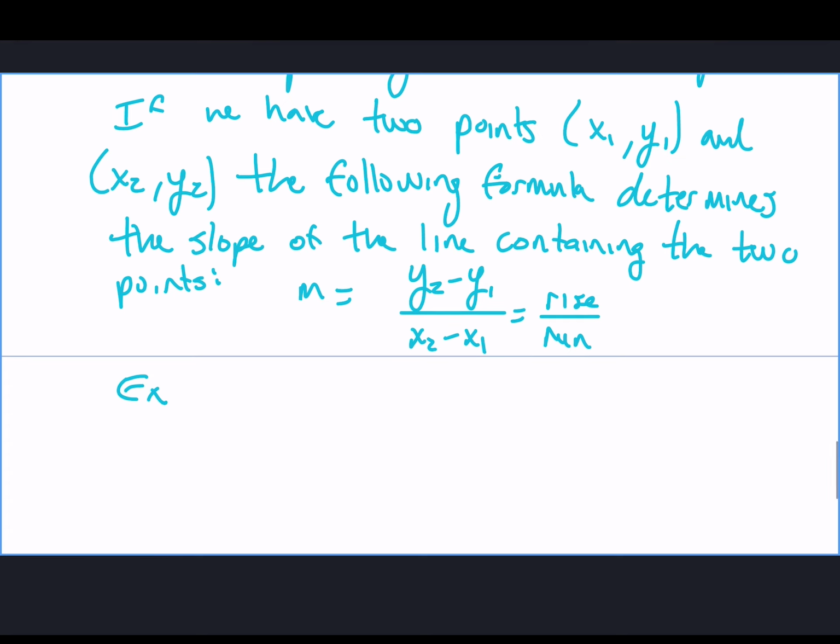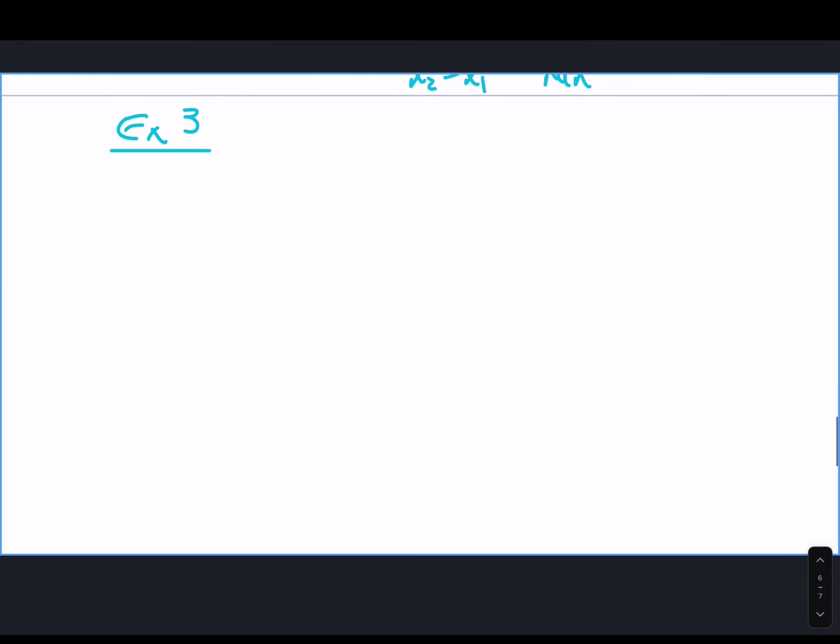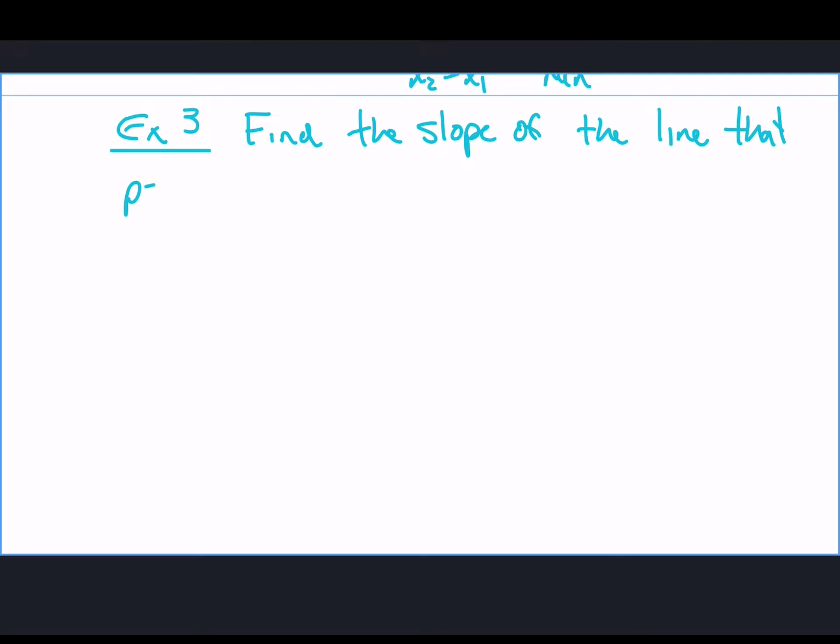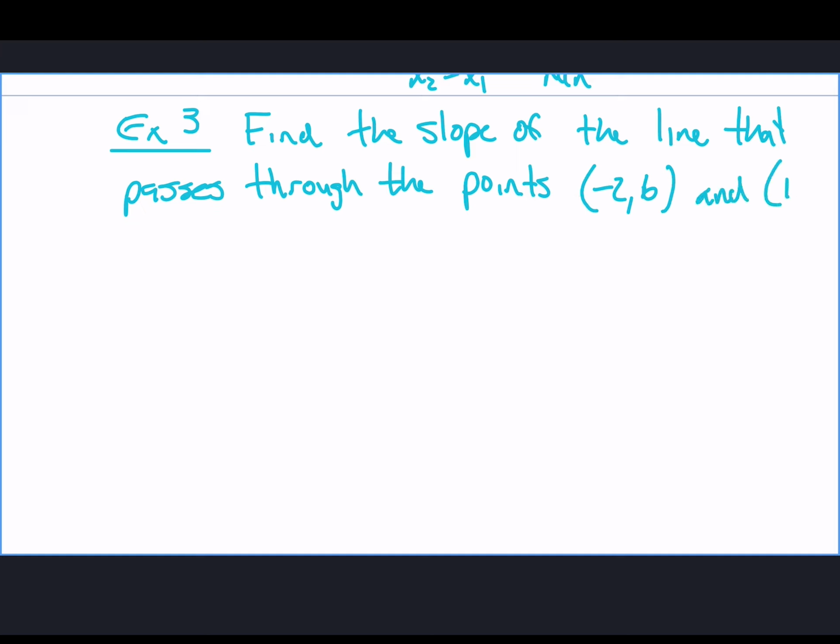Okay, example 3. We want to find the slope of the line that passes through the points -2, 6 and 1, 4.